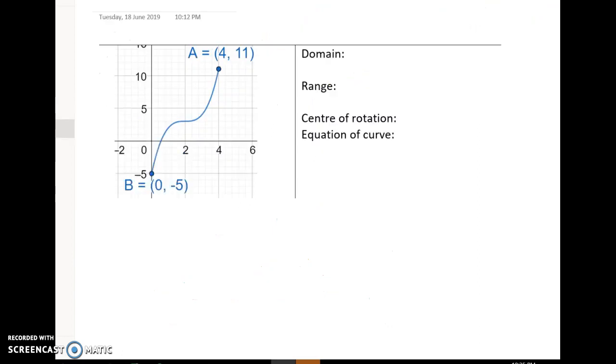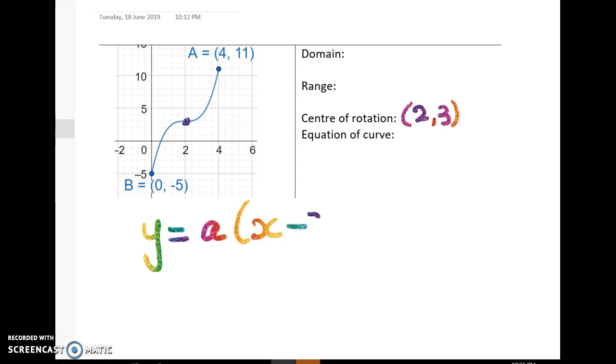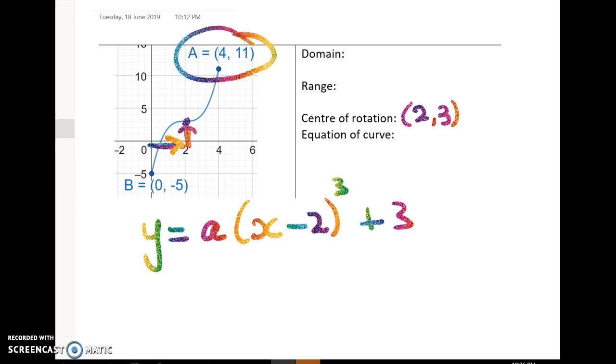Right, this one has obviously got a vertical shift upwards. So where's my center of rotation? Well, it's sitting here. It's at (2, 3). The curve is going to have the following form: y equals some scale factor a times (x minus 2) cubed, because it's shifted out this way, plus 3, because it's shifted up here. And I'm going to sub in (4, 11).